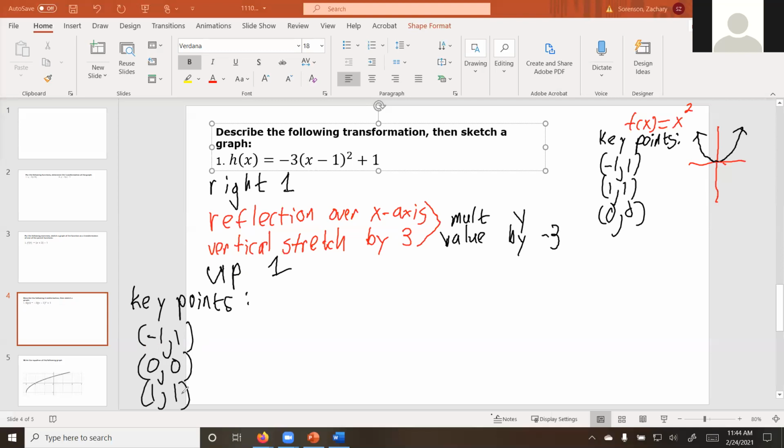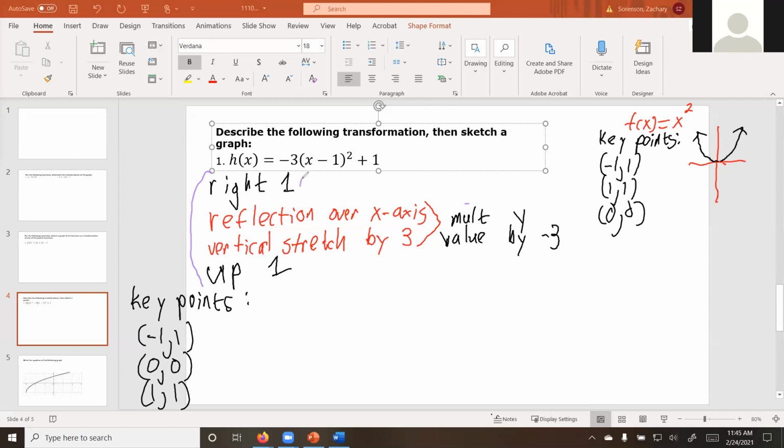Cool. What's the first thing I'm going to do to all of these points? Is it multiply by -3? Nope. These are written in the correct order. So the first thing I'm going to do is this.